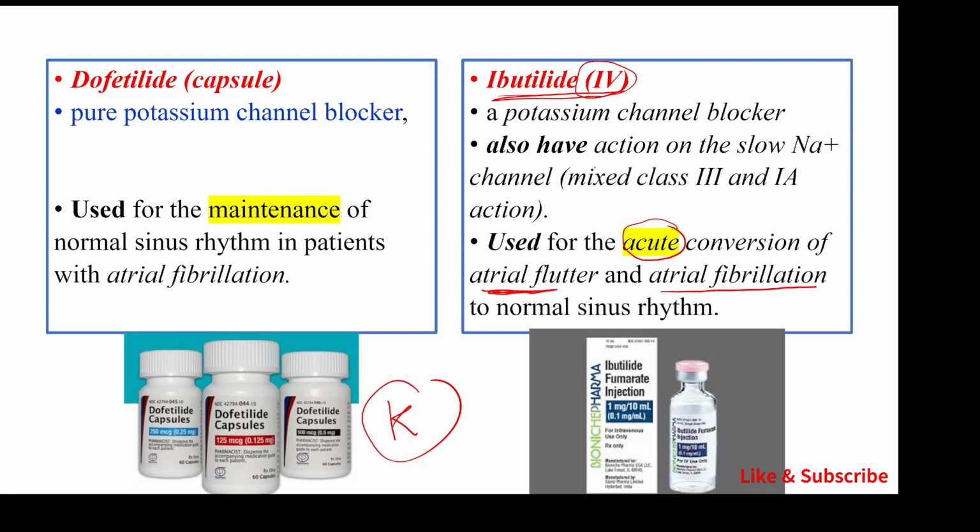This medication helps convert atrial fibrillation and atrial flutter to normal sinus rhythm. When the patient is discharged from the hospital, we place the patient on the oral capsule dofetilide, which maintains the normal rhythm.